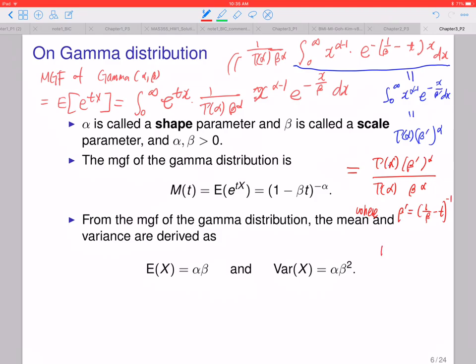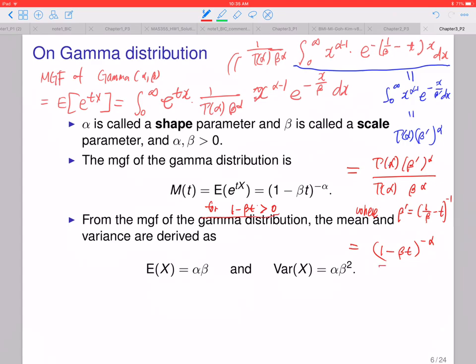That gives (1 minus t over beta) to the minus alpha. And of course, in order to make the integration finite, we need t less than beta.